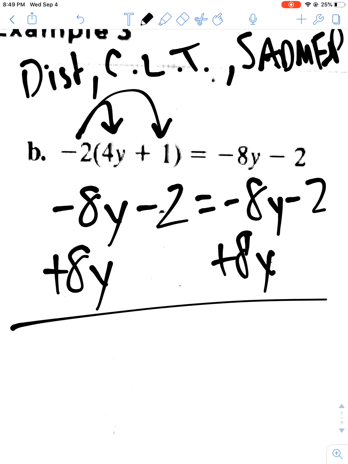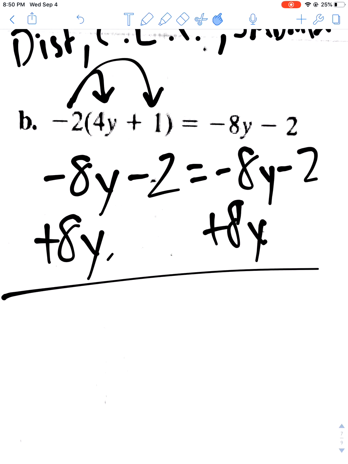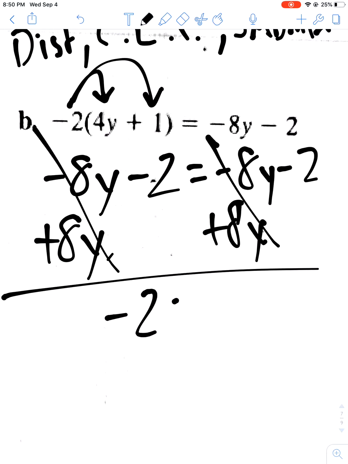But wait, these are opposites, so they cancel. These are opposites, so they cancel. So I'm left with negative 2 equals negative 2. Well, that's true, though. Negative 2 does equal negative 2.